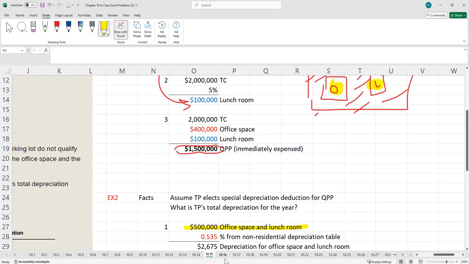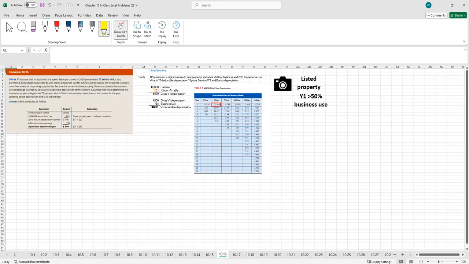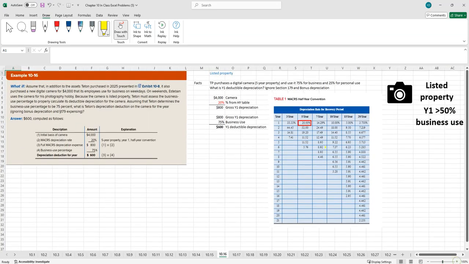That's what this example is showing. Somebody buys a $4,000 camera. We calculate a full year of depreciation, which is $800 after we use the table. 75% of the time they use it for business, so they're only going to get 75% of the deduction, namely $600.